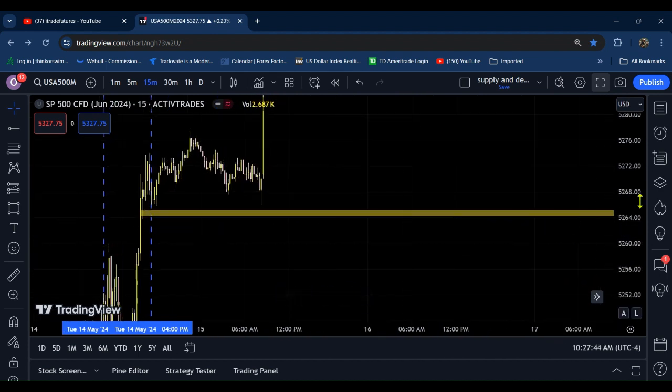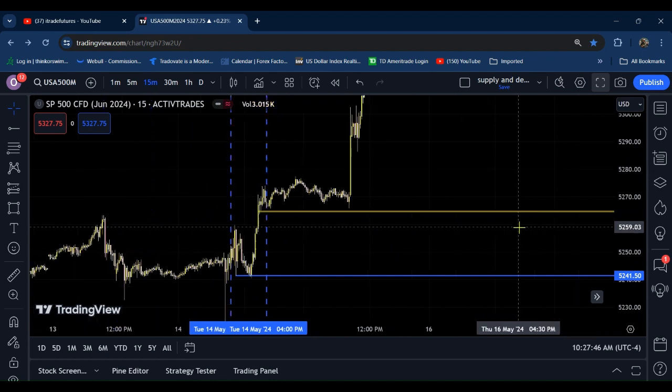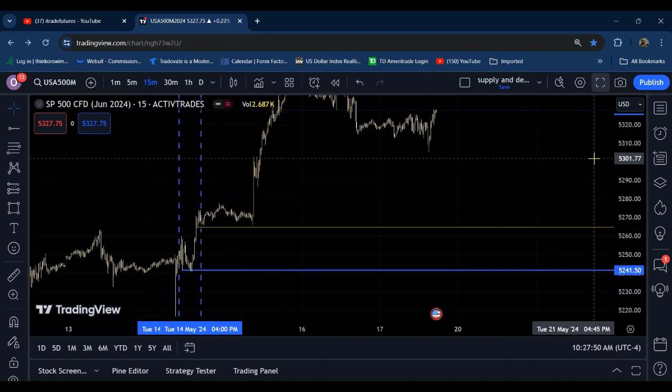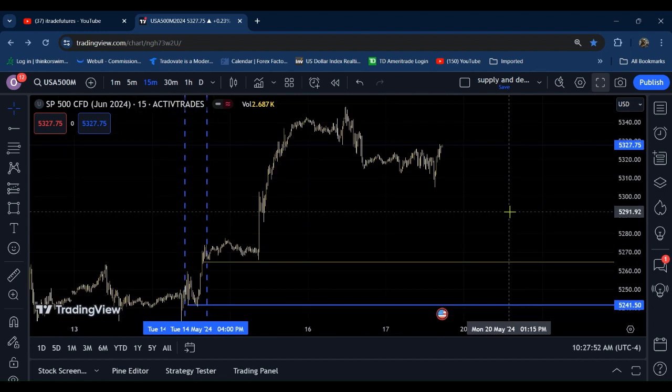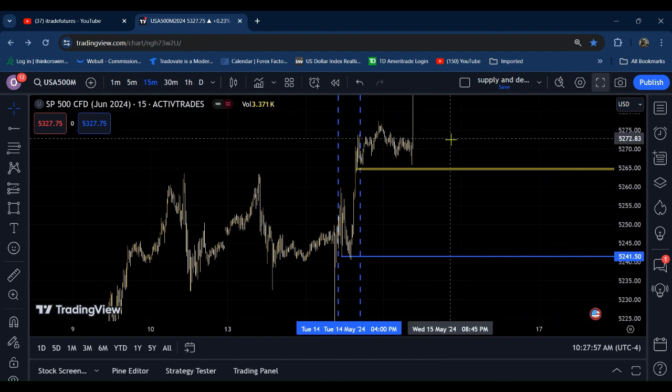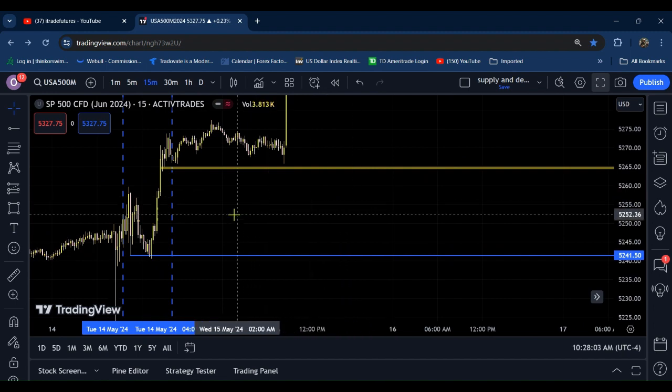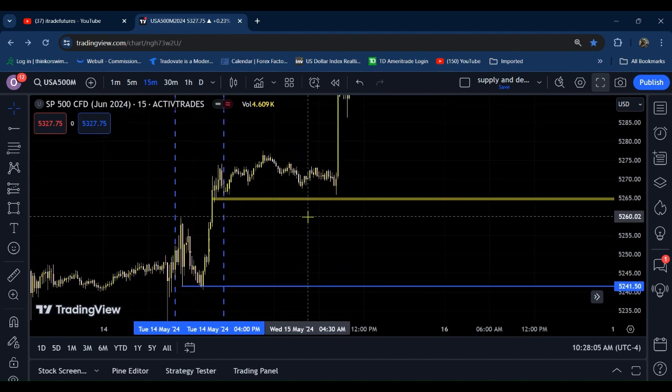There's that fair value gap. It never got hit again. If you were a swing trader, you could have gotten in right there and left it for several days, never got hit again. That's pretty crazy, isn't it?